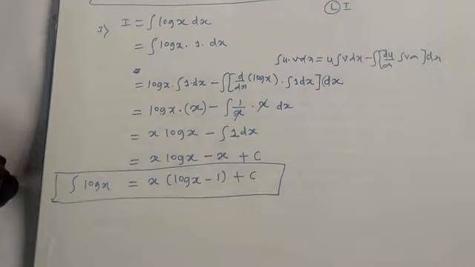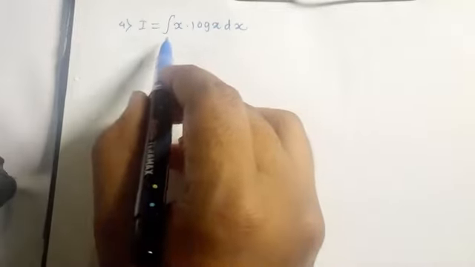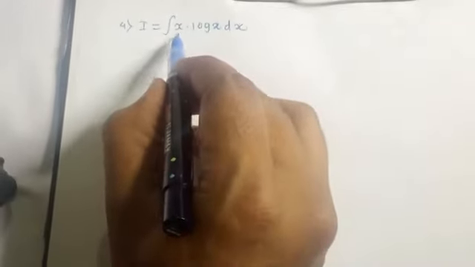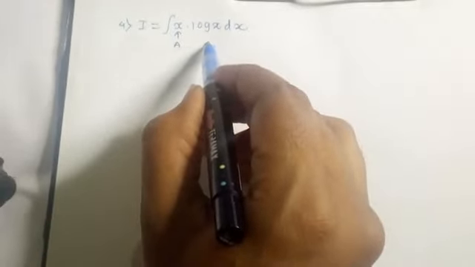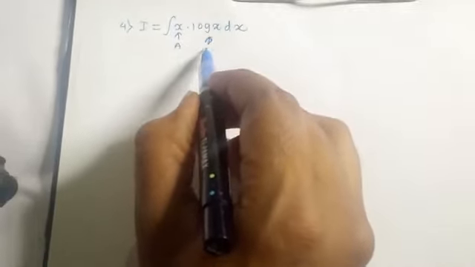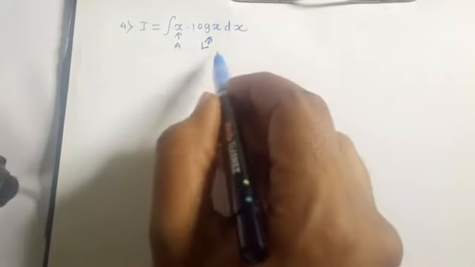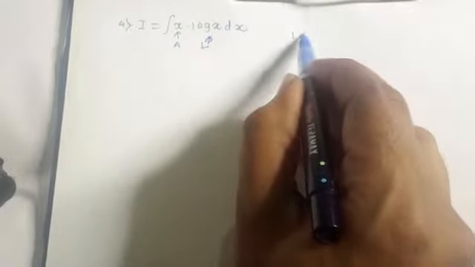Okay, now let us see another example. I is equal to the integration of x into log x dx. Here this x is an algebraic function, and log x is our logarithmic function. So use the LIATE rule here.